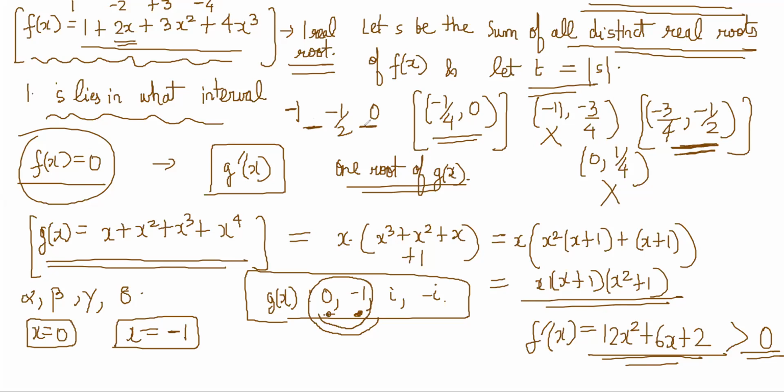If you put -1/2, this cancels out, 3/4 plus 4 by -8, 1/8. So at -1/2 it is positive. It is positive here, at 0 it is also positive, and at -1 it is negative. So the root is between -1 and -1/2.